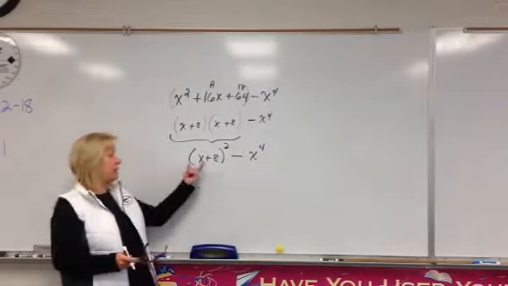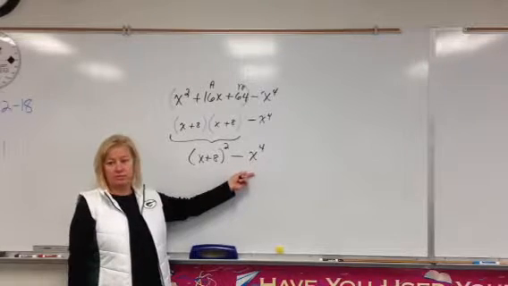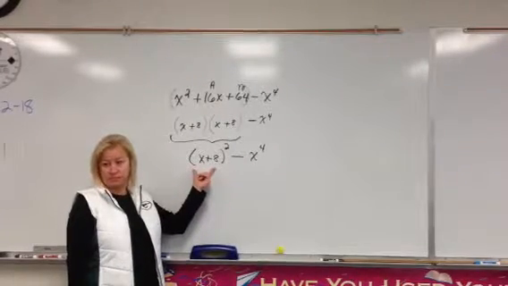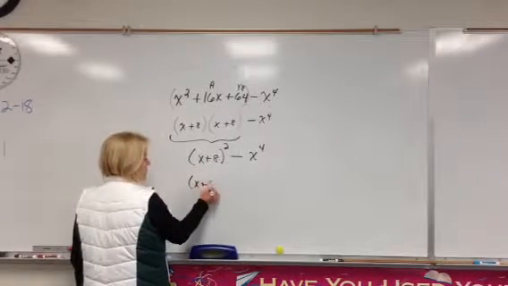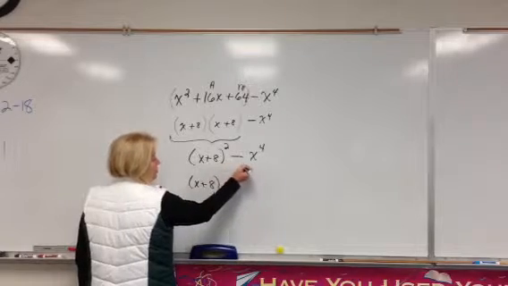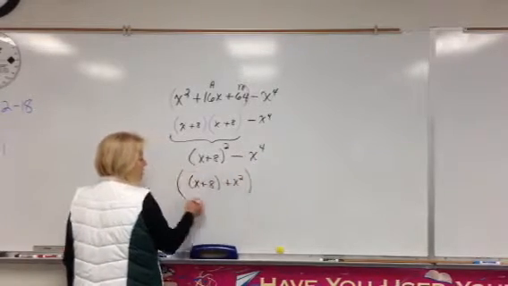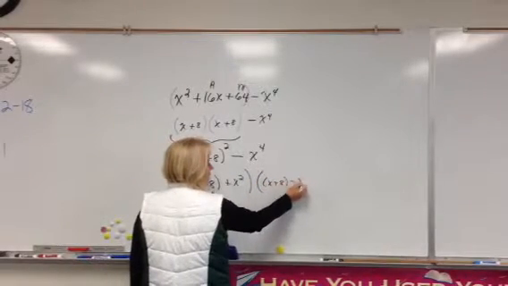Now I have a perfect square minus a perfect square. So take the square root of this, what do you get? x plus 8. And then you're going to do the square root of x to the 4th, which is x squared. So x plus 8 plus x squared, and x plus 8 minus x squared.